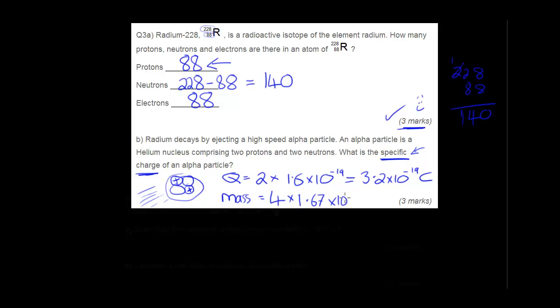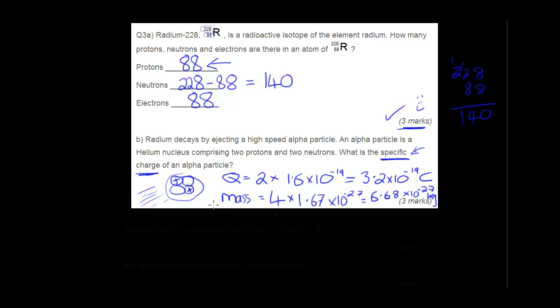Times that by 4, and we get 6.68 times 10 to the minus 27, and that is in kilograms.